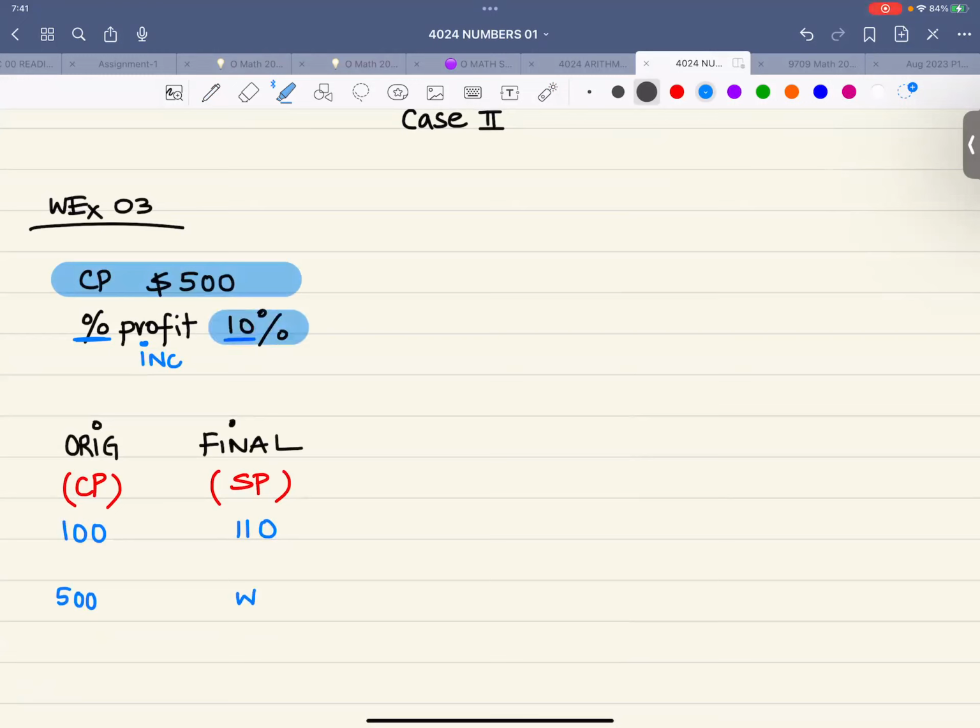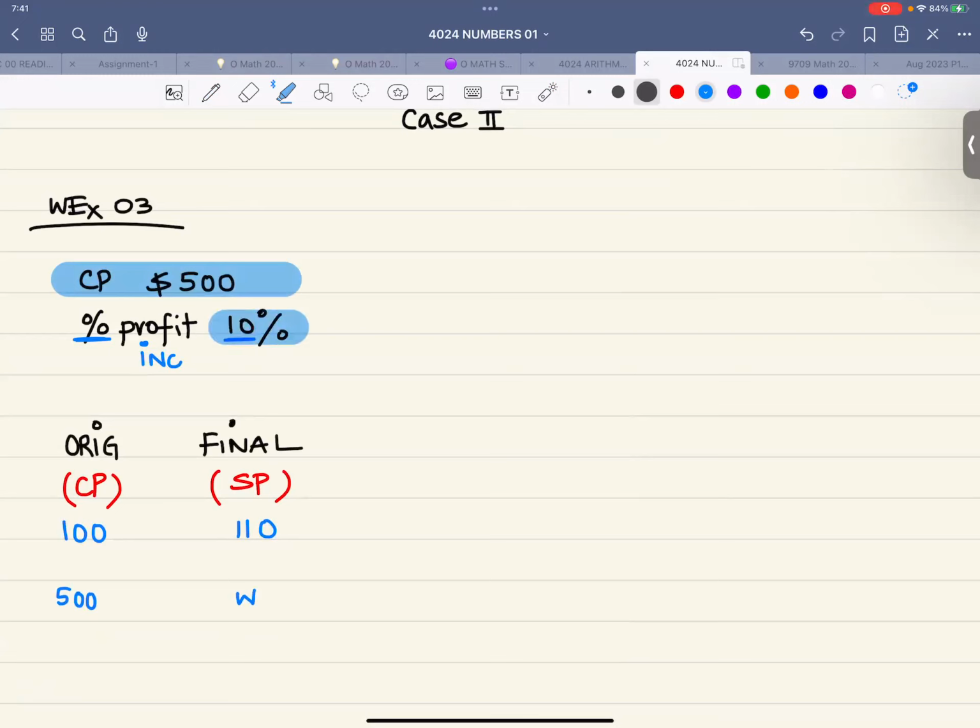Now let's do it using this method. Let me write the data again first of all. The cost price is $500. There is a discount, a loss of 20%, and we are interested in finding the selling price.